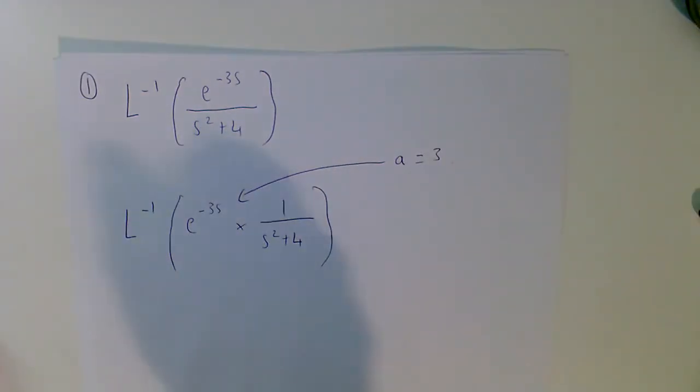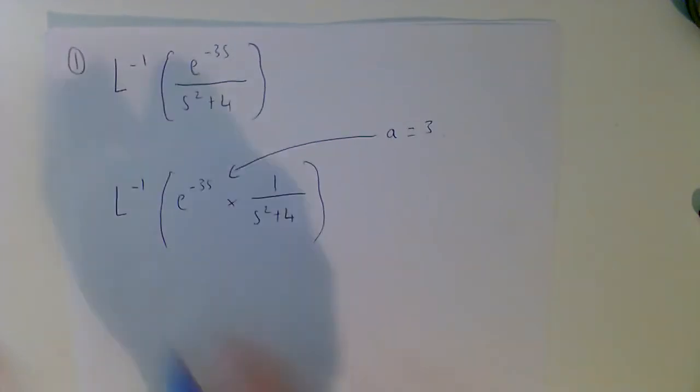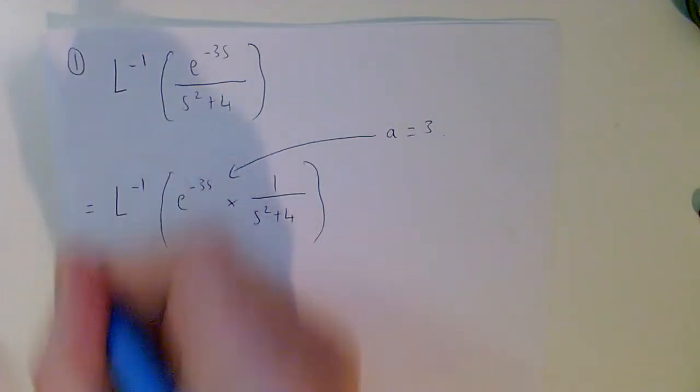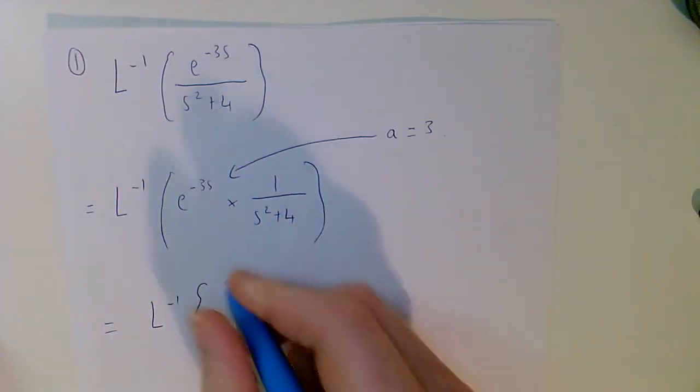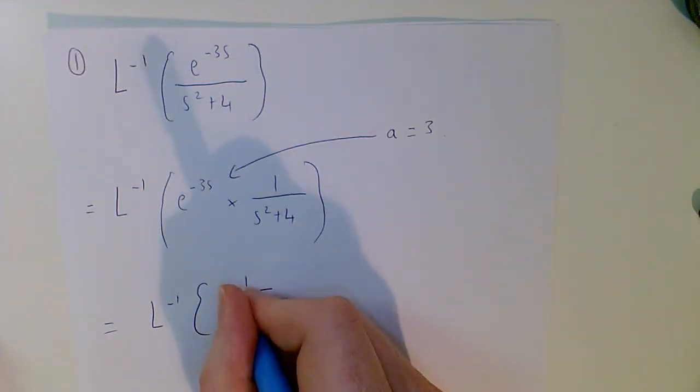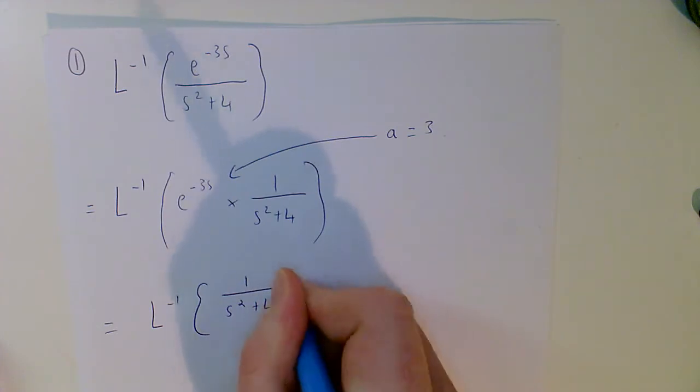So that means that all I need to do is find the inverse Laplace transform of my wee 1 over s squared plus 4.